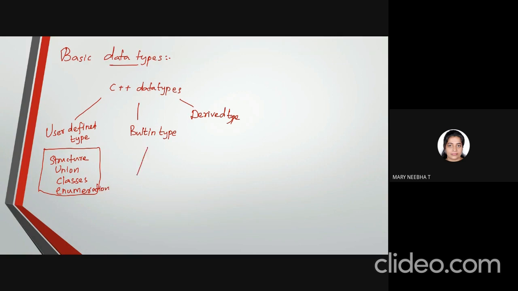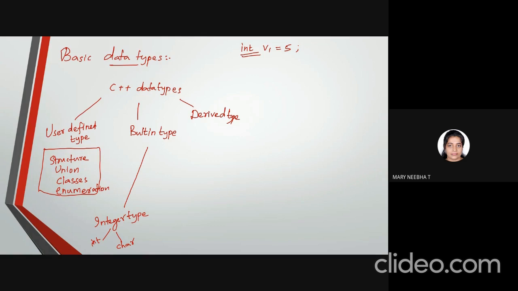And the built-in data type, actually here it is integer type, int, character. Built-in data type means, for example, I have declared int v1 is equal to 5, so the compiler is aware of this term. It is an inbuilt data type. But structure, union, classes, enumeration, all these are user defined.